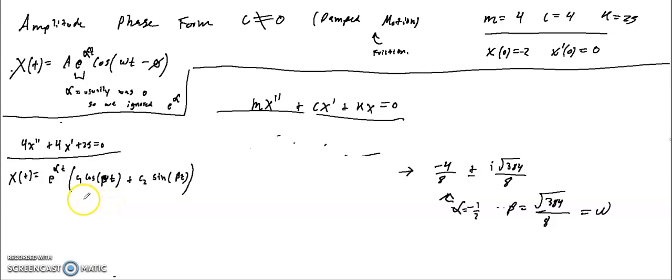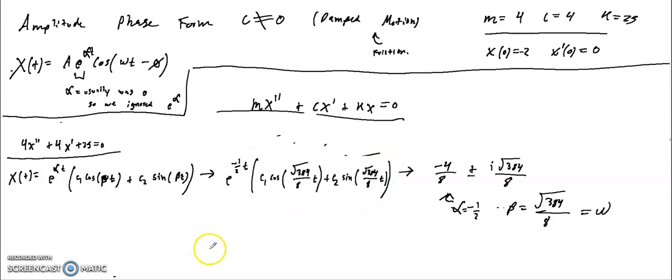So we know our omega, we know our beta, we know our alpha, so let's just plug that in. e to the negative 1/2 t all times c1 cosine of radical 384 over 8 t plus c2 sine of radical 384 over 8 t.